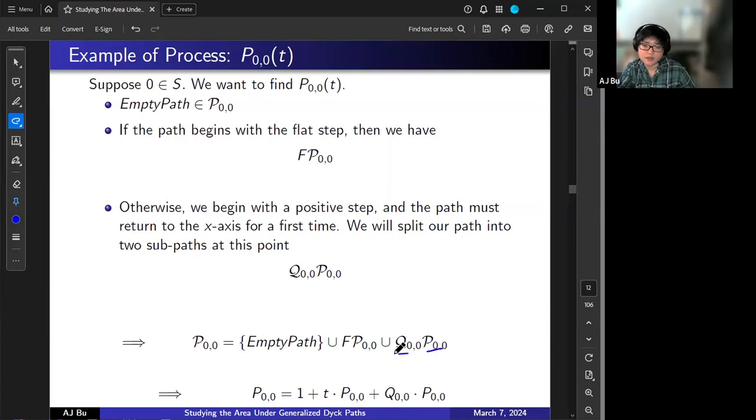So we're just replacing each of these with its weight numerator. But now we have this Q00 that was not there before, so we're going to have to do the same process for those Q00s.